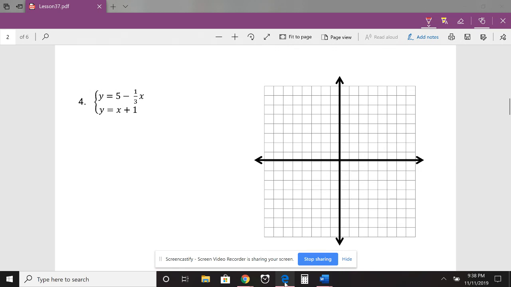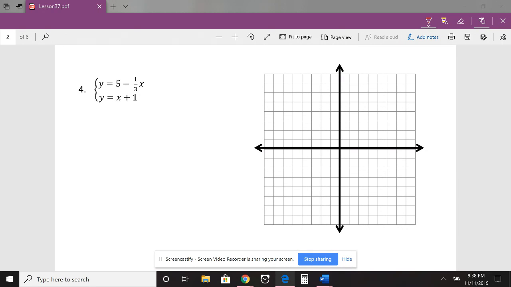Well, let's look at 4 here. Y equals 5 minus 1/3 x. This one we start at 5 because there's not an x next to it. So that's not the slope, that's the y-intercept. So from the origin, we go up 5. That's where we start.